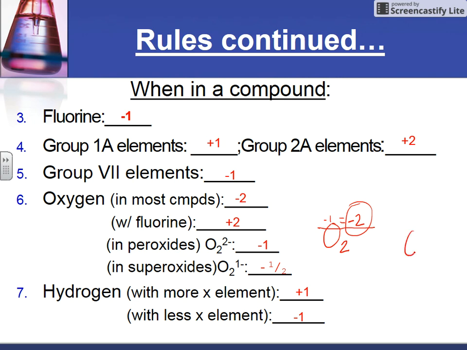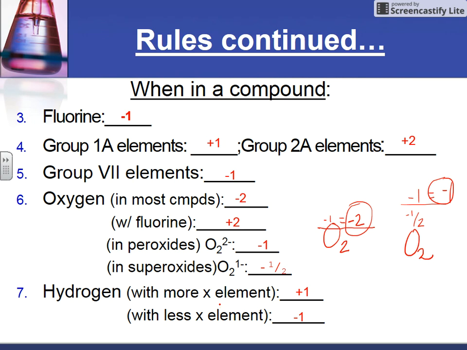Again, the reason is because there's 2 oxygens here, and the sum of the oxidation numbers has to add up to a -1 because that's the charge of the superoxide ion. So you have a half a piece. And again, this is very uncommon that you would see this, but if you were to see the superoxide ion in a compound, 2 times a -1/2 will give you -1, and so that's why you get a -1/2 each.